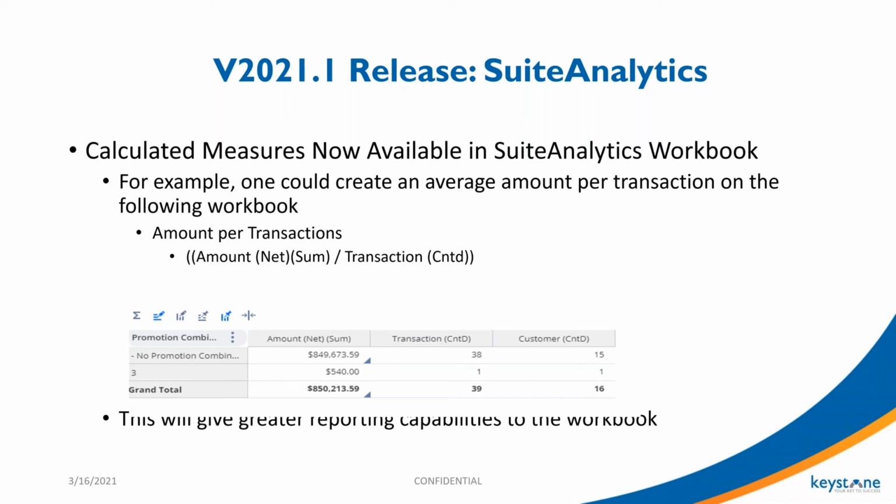If you look in your Suite Analytics tab, you'll see some templates for sales orders, purchase order workbook, invoice, things like that. There are a couple manufacturing workbooks to get an insight into what's going on in the warehouse. So for this change this year, they've actually put a very useful one in. This one is that you can do calculations now on the results that are in the workbook. You'd always be able to do that similar to a saved search or in the production of the result set.